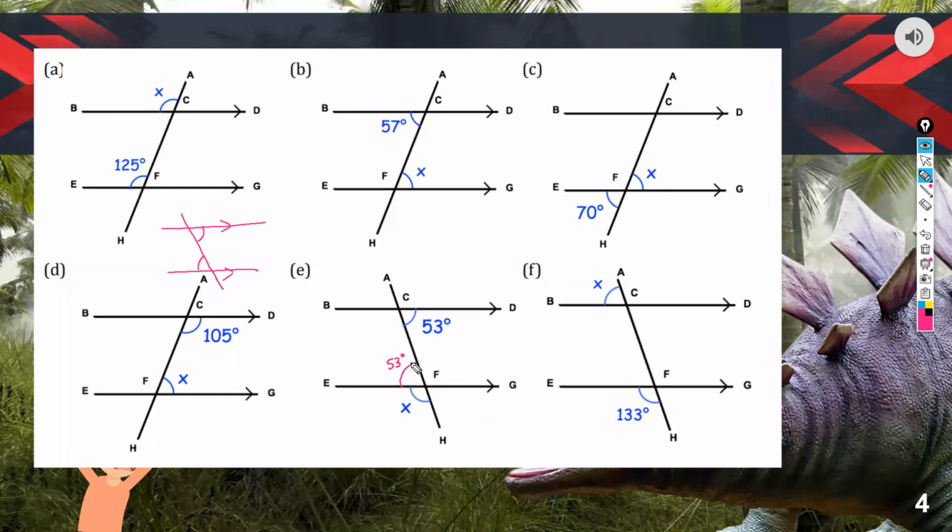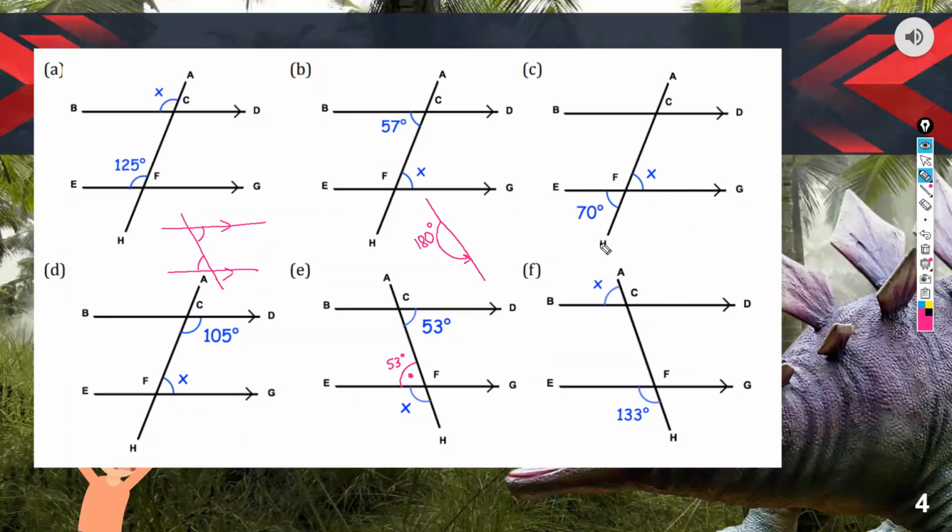But look at the pink angle. X is below that. You don't want this pink angle. You want X. But look at this. Didn't we say at the beginning of class, a straight line, any straight line in the world, the total angle is how much? 180 degrees. Do you all remember that from the beginning of class? That a straight line is 180.